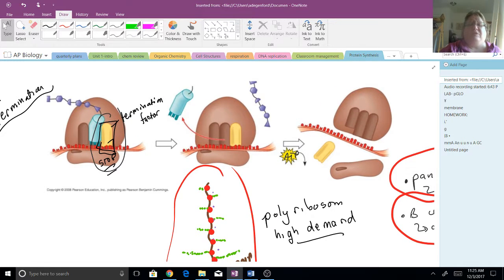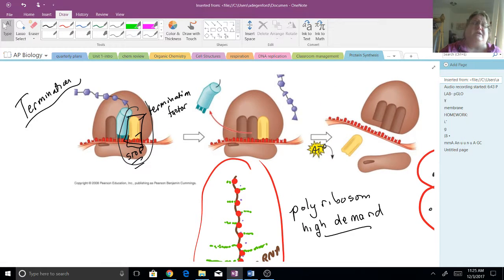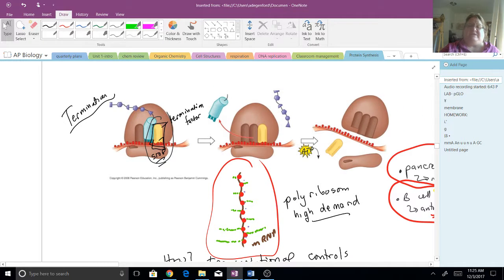And for a stop codon, there is no appropriate tRNA molecule. You just simply have a termination factor. And the termination factor just causes that ribosome to spin its wheels, and that loosens all of the bonds. And then you have an ATP molecule coming and allowing it to break off, and it can go ahead and translate another mRNA molecule.